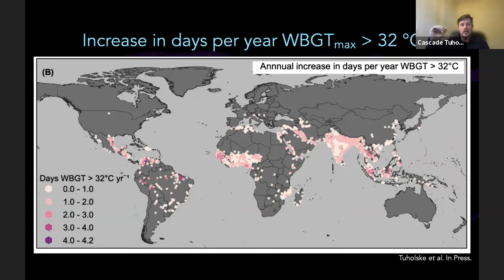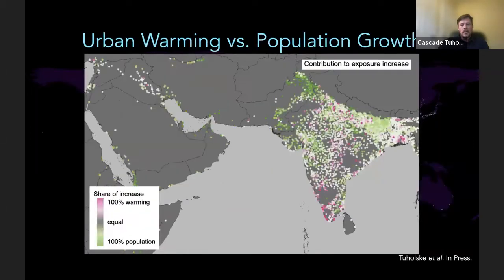So 4 times 34 is about 200. So some of these cities are reaching a point where they're saturating, where every day per year may exceed this extremely high heat threshold. But in this data set, there's a lot of spatial heterogeneity between the urban warming signal and the population growth signal.